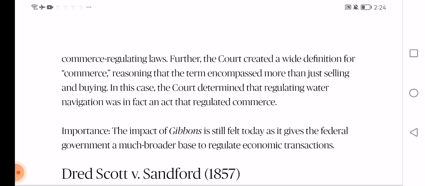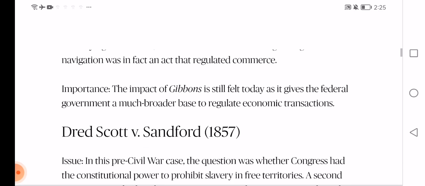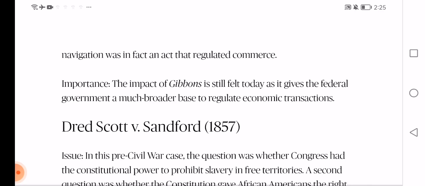In this case, the court determined that regulating water navigation was in fact an act that regulated commerce. Importance: the impact of Gibbons is still felt today as it gives the federal government a much broader base to regulate economic transactions.